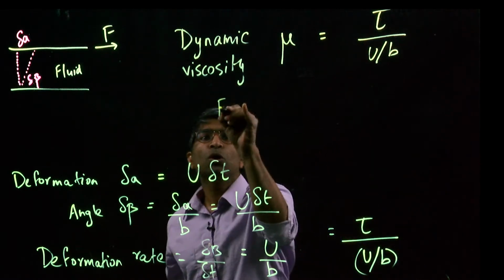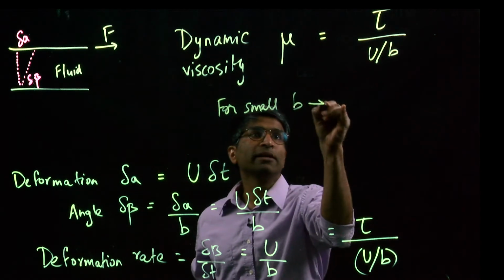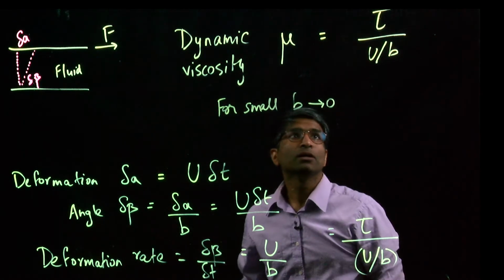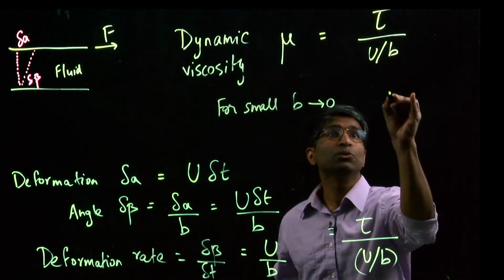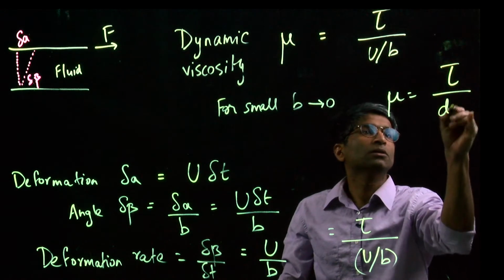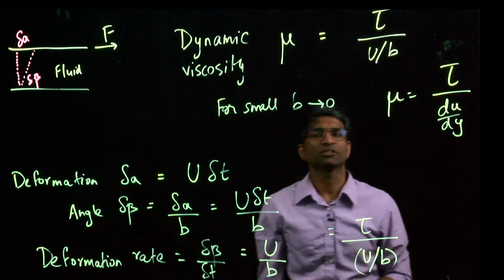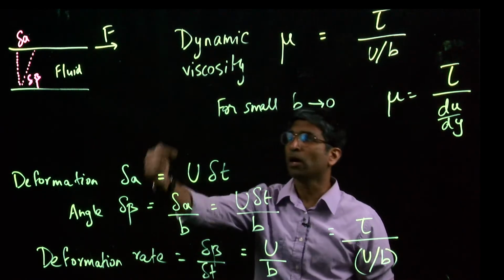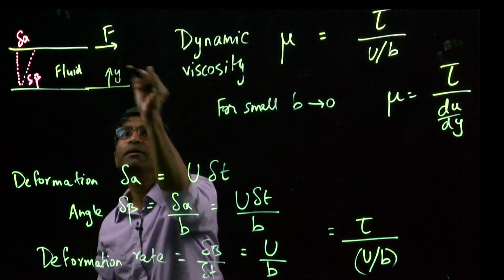And for small b tending to 0, we would replace this with some kind of derivative, and so mu becomes tau over du dy, assuming the velocity is just a function of the y direction, where this would be my coordinate.